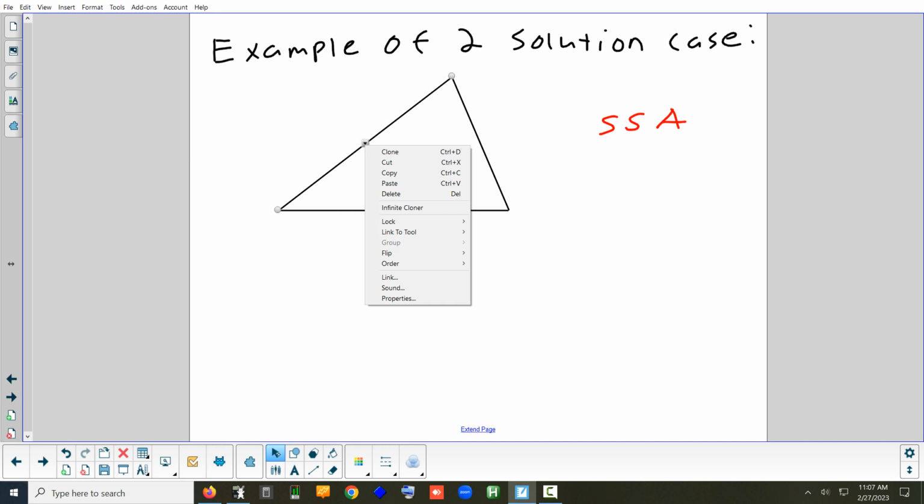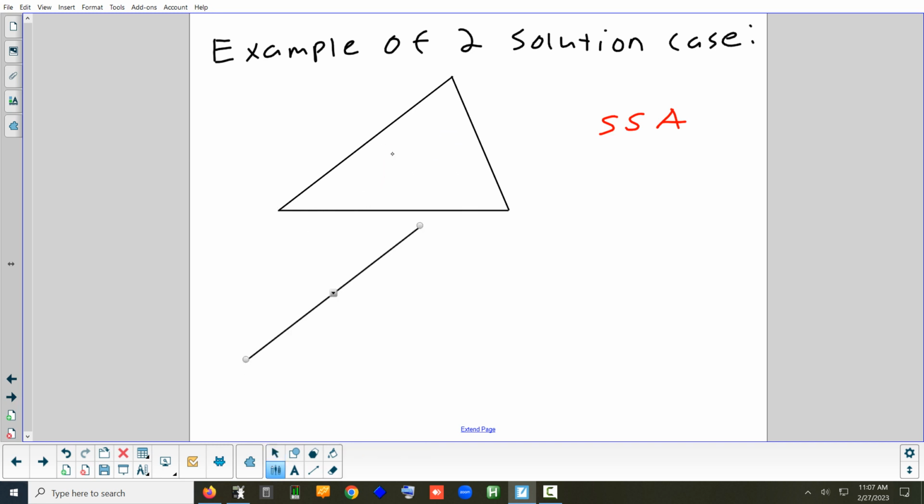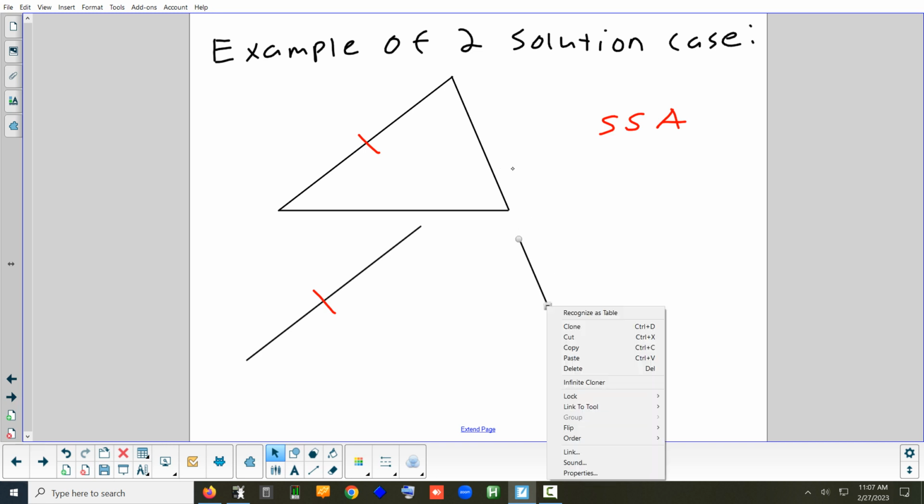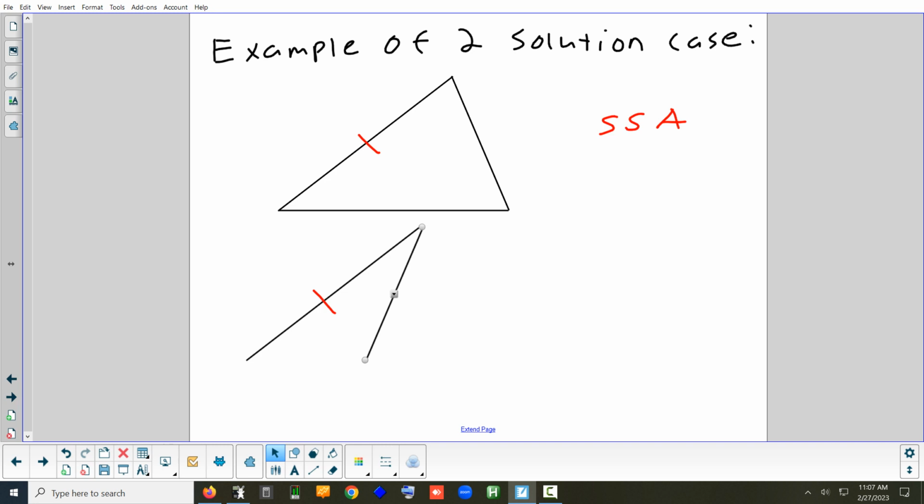Let's go like that. Does everyone agree that that and that are the same? Yep. Now, let's take this side. I'm going to make a copy of it, but mirror image it. By reflecting it, is this side still the same as that side? Yes.